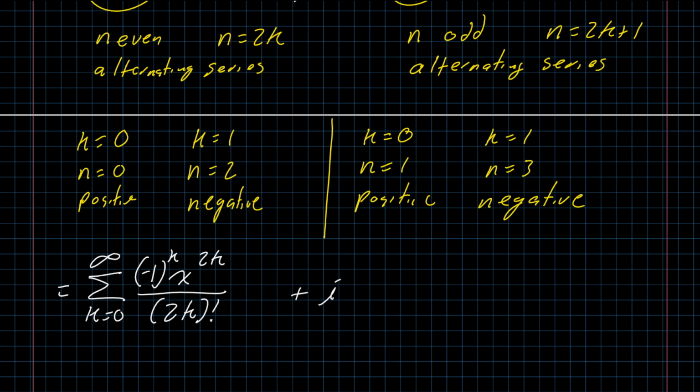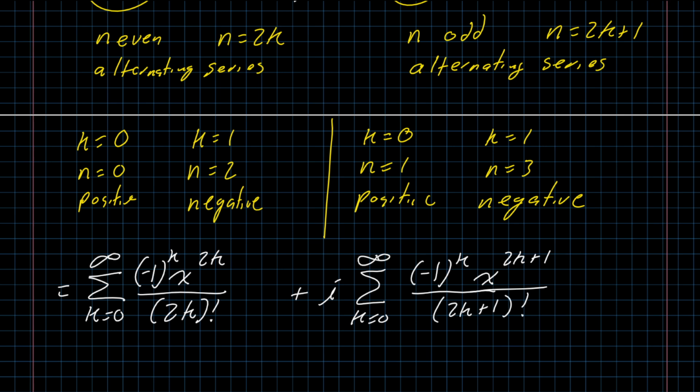Same thing over here. If we add up all of the k's from 0 to infinity, if I put negative 1 to the k, that will give me positive for even k and negative for odd k. And then it was x to the n, but n is now 2k plus 1. And it was n factorial, but that's now (2k plus 1) factorial.